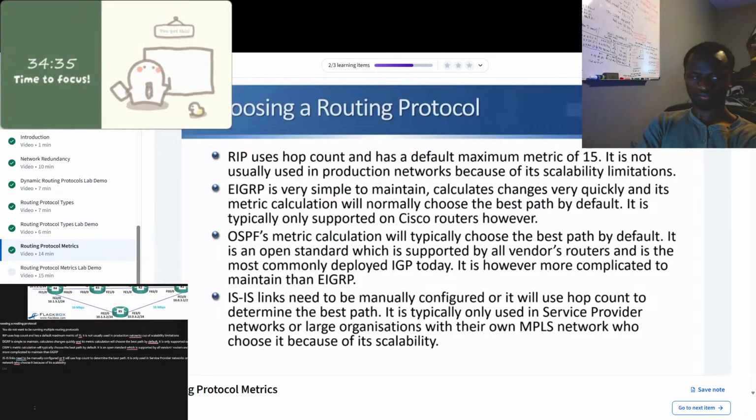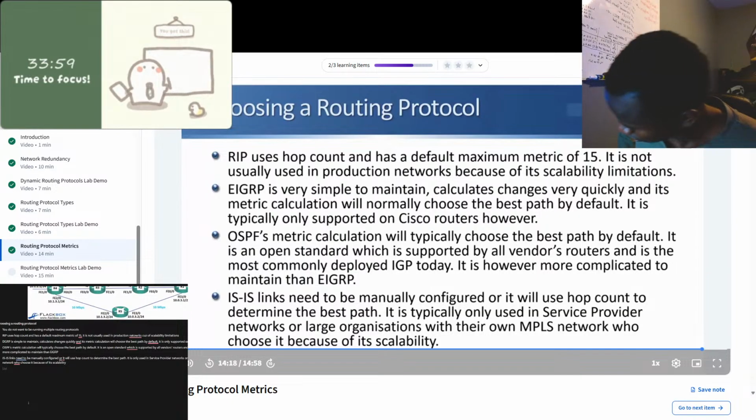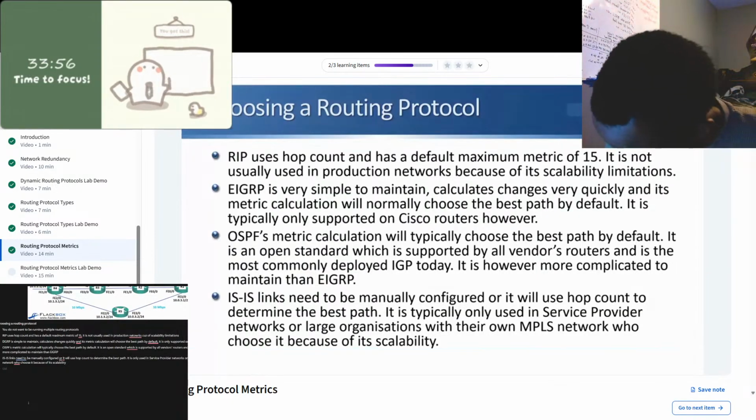It's typically only used in service provider networks or large organizations with their own MPLS network who choose it because of its scalability.